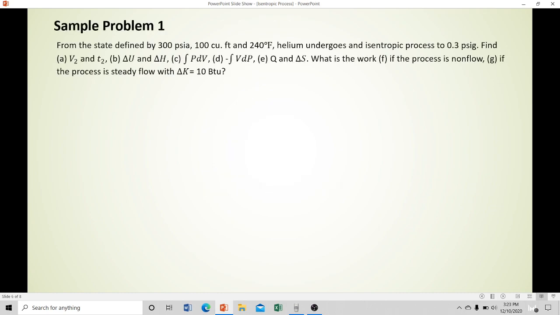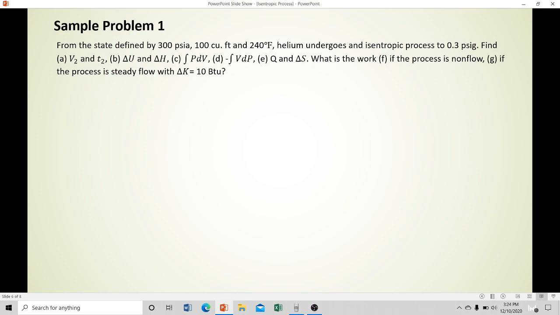So let us have an example. Sample problem number 1. From the state defined by 300 psia, 100 cubic feet, and 240 degrees Fahrenheit, helium undergoes an isentropic process to 0.3 psig, or pounds per square inch gauge. First, find volume 2 and temperature 2. Second, the change of internal energy and change of enthalpy.